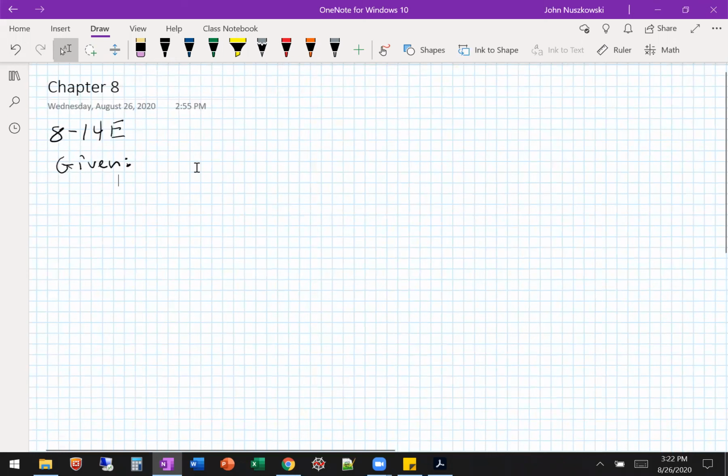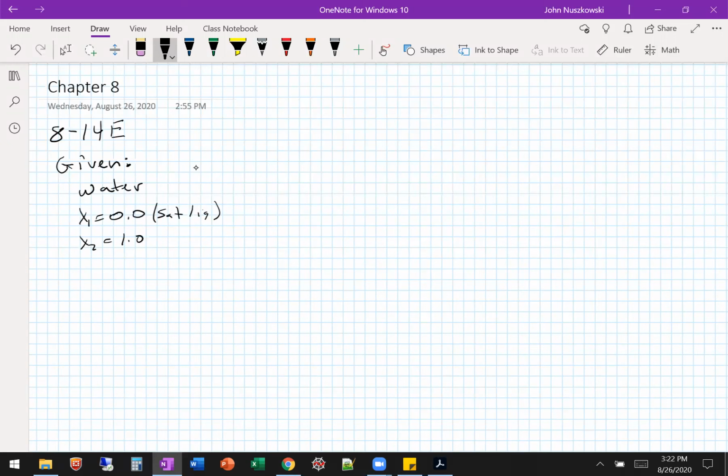All right, so we're given water. We have a quality of 0, so it's a sat liquid. And then state 2 is a quality of 1, so it's a sat vapor.